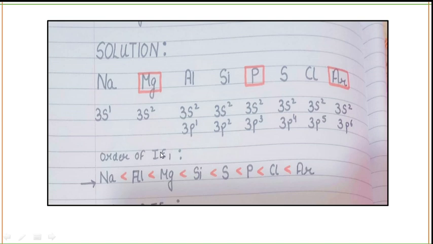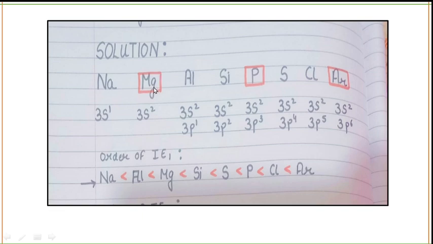So when we have written the order of IE, this comes out to be the order of IE1, ionization enthalpy 1. So basically, when you move along the period, the value of IE should increase. Therefore, and also in case of magnesium, noble gas configuration can be seen. Therefore, between sodium and magnesium, the value of IE should be greater in case of magnesium.